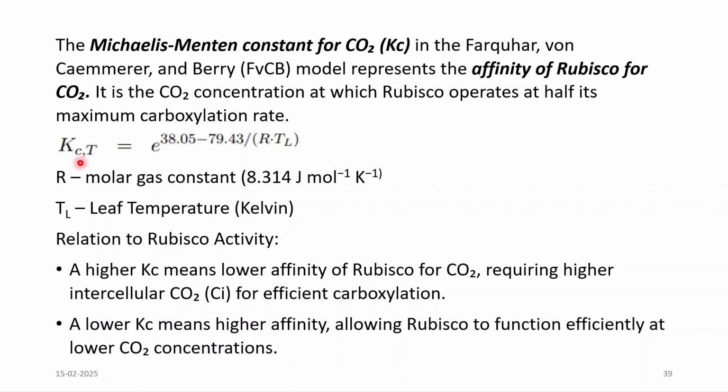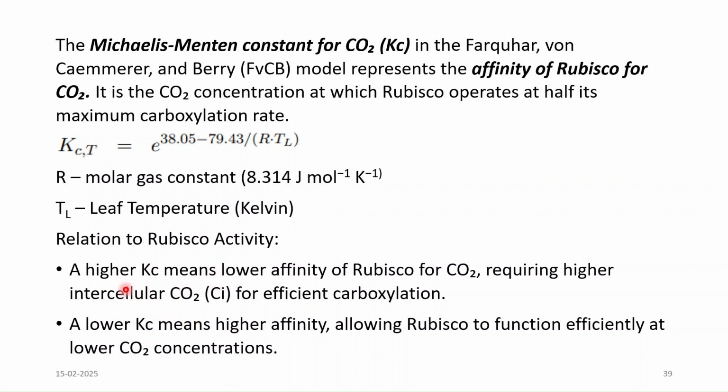Now, how is this Michaelis-Menten constant estimated? It is estimated using the temperature response function that we just discussed, where this is the scaling factor, this is the activation energy, and at any temperature value we can estimate the value of the Michaelis-Menten constant and then put it in the FvCB equation to estimate the photosynthetic rate.